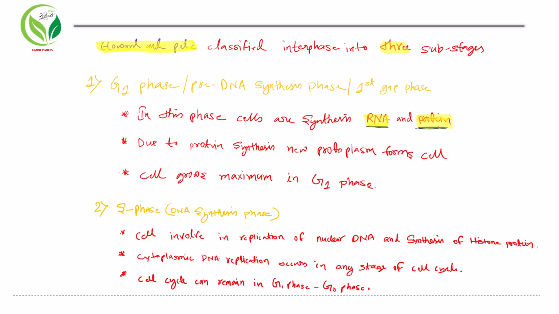Due to this particular protein synthesis in G1 phase, it creates new protoplasm for the cell. After that, the cell grows to its maximum size in G1 phase.